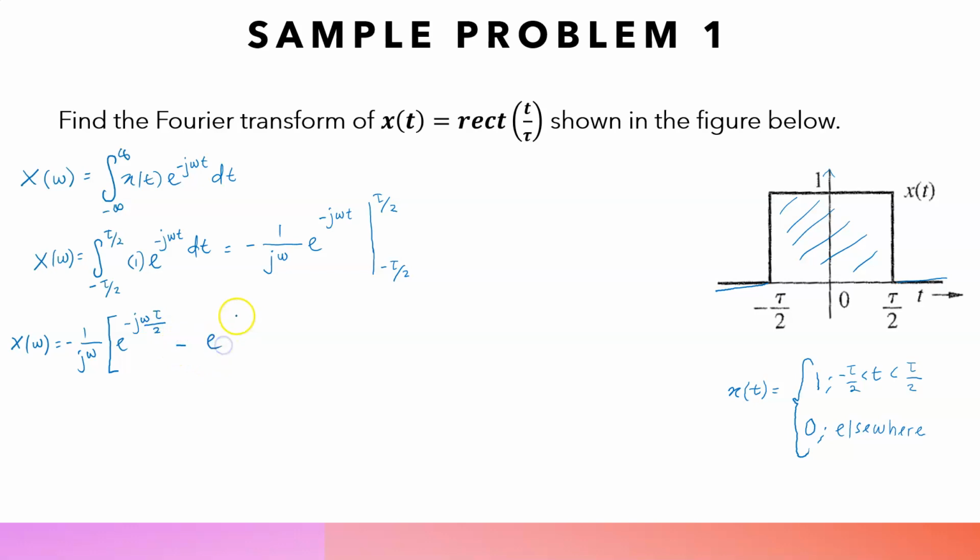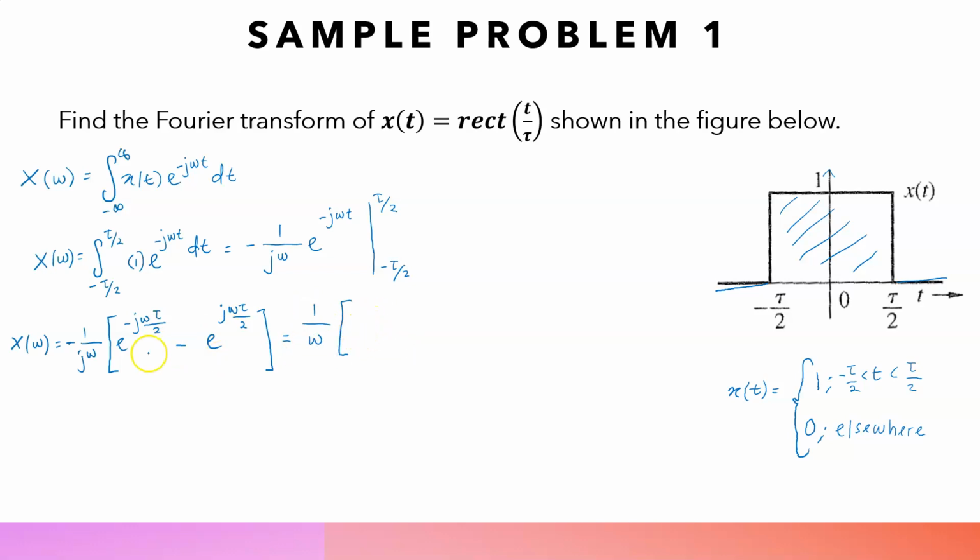Here I have a minus, and here I also have a minus, so I will have a positive j omega tau over 2. Now that we arrive here, let's modify this a little bit so that we have a form that is familiar to us. Let's multiply this negative inside, and at the same time we bring this j also inside. So we will have 1 over omega.